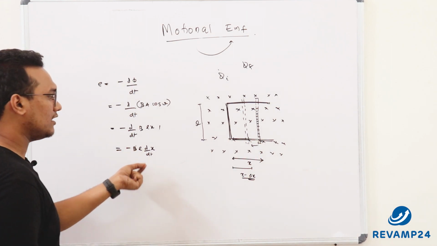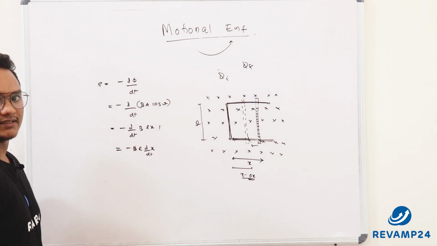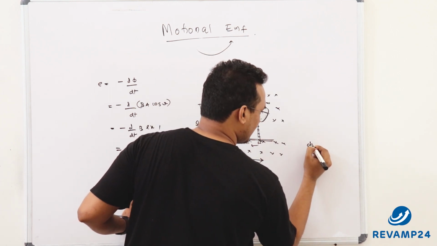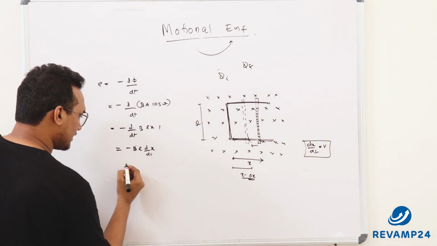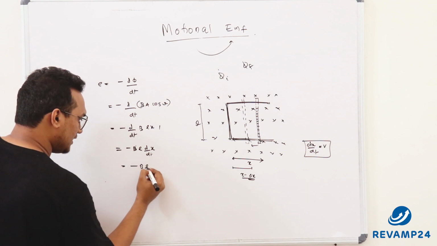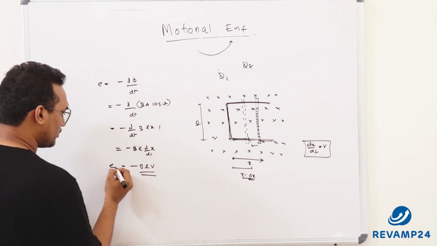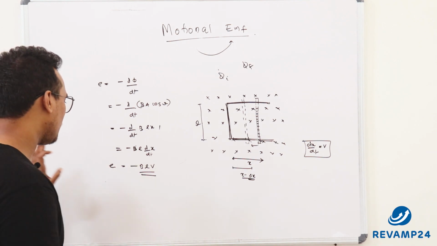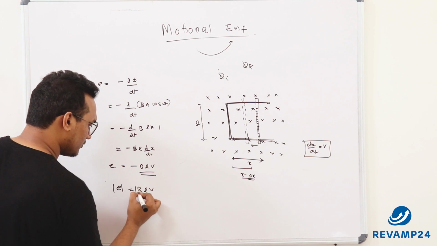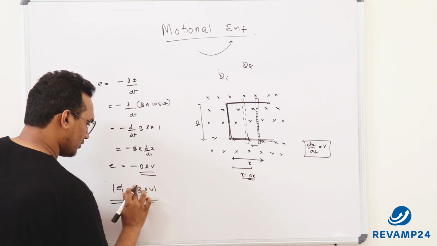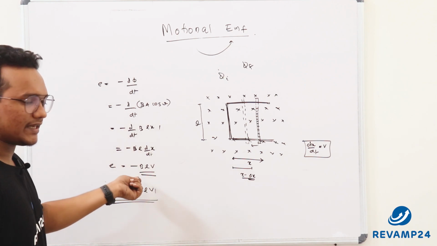So what is time rate of change of length? That is velocity, right? See, dx by dt is equal to velocity. We have learned this. So I can rewrite dx by dt as V. So this will be BLV is equal to EMF. So the magnitude of EMF is equal to B into L into V, or BLV. And we have a negative sign here.